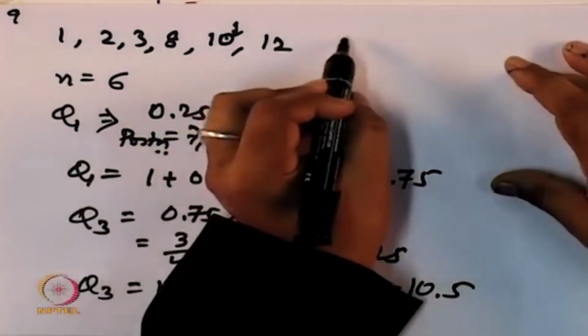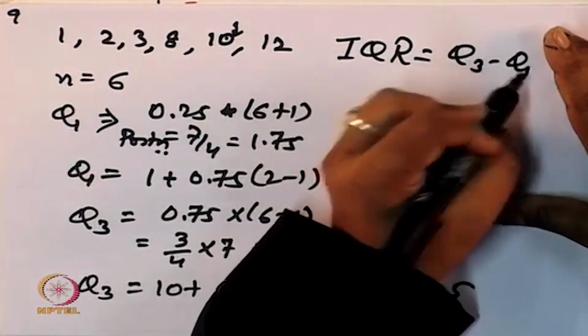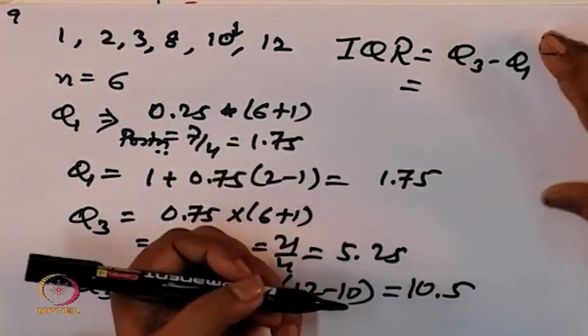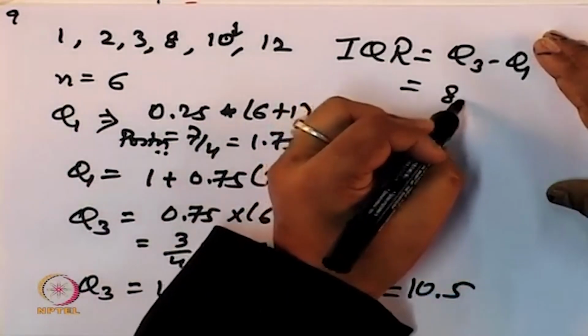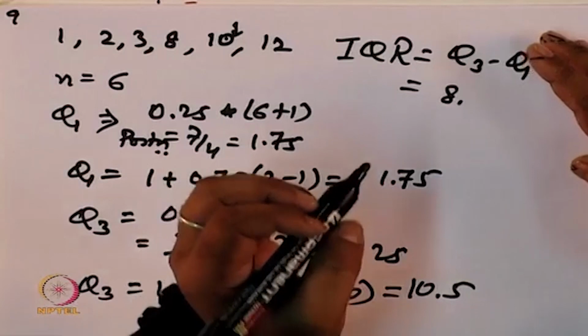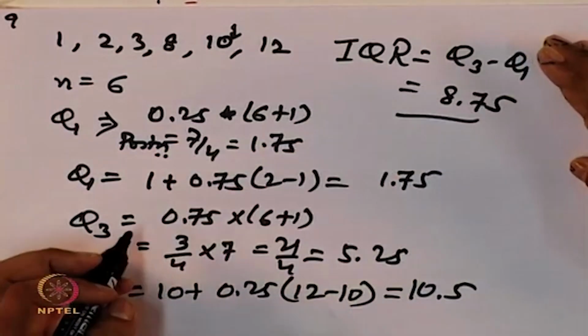So my IQR is equal to Q3 minus Q1, which is 10.5 minus 1.75, which is 8.75. IQR is 8.75.